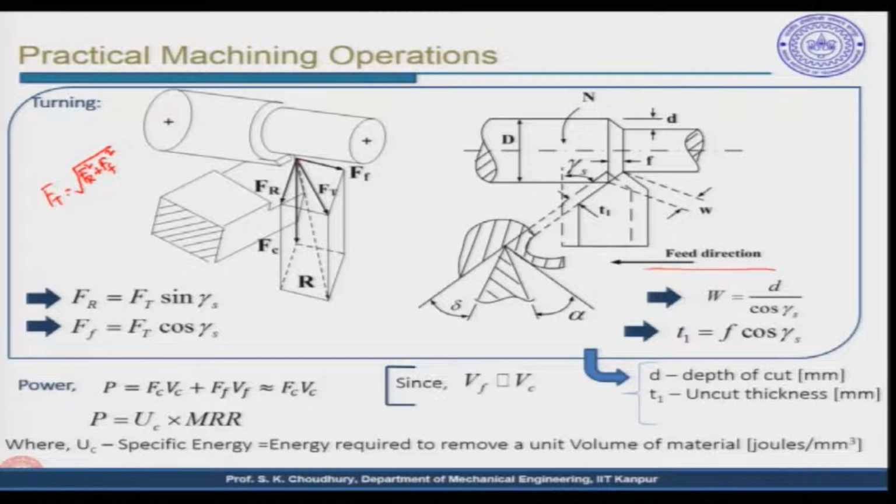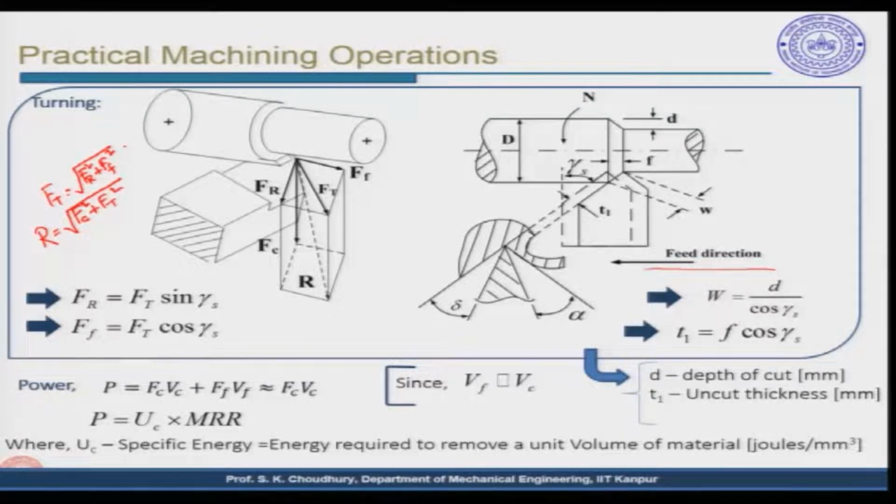Now, if you draw the parallelepiped like this, vertically located is the cutting force Fc, and the resultant force, which is root over Fc square plus Ft square, will be located from the back point, that is the tool point, to the front point of the parallelepiped. So, the resultant force becomes root over Fc square plus Ft square.